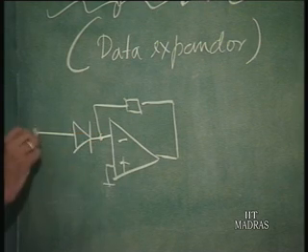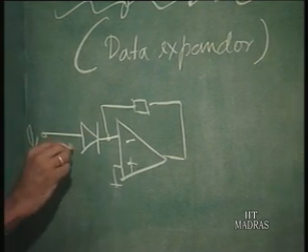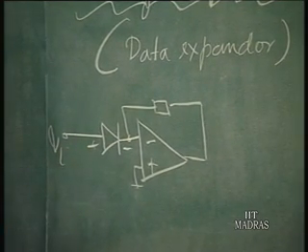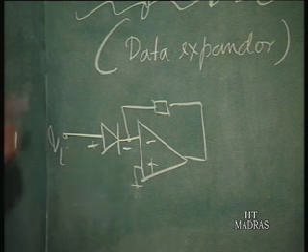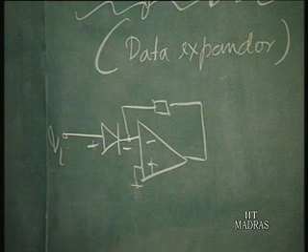So, if this is V I, the diode voltage has been forced to be equal to V I, because this is ground, this is virtual ground. Okay. So, now you are forcing V I to be the diode voltage.